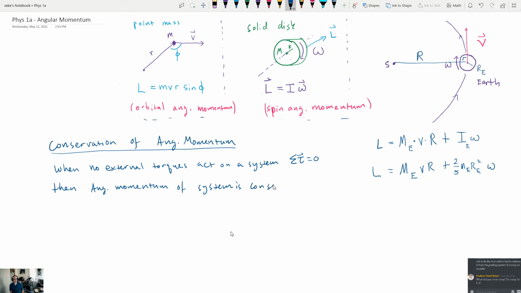The way we'll usually write that, since we're using the symbol L for angular momentum, is that the initial angular momentum is equal to the final angular momentum. We can also talk about what happens when the net torque is not 0, but we'll talk about that when we get to problems where we have to deal with that. The simplest answer is that when the net torque is not equal to 0, the net torque is equal to the rate of change of the angular momentum.